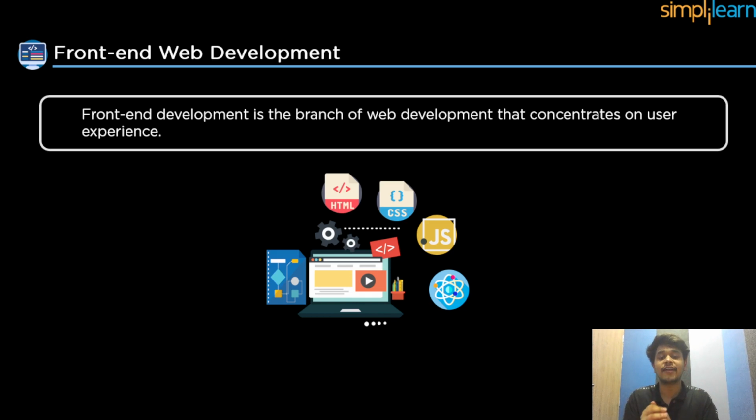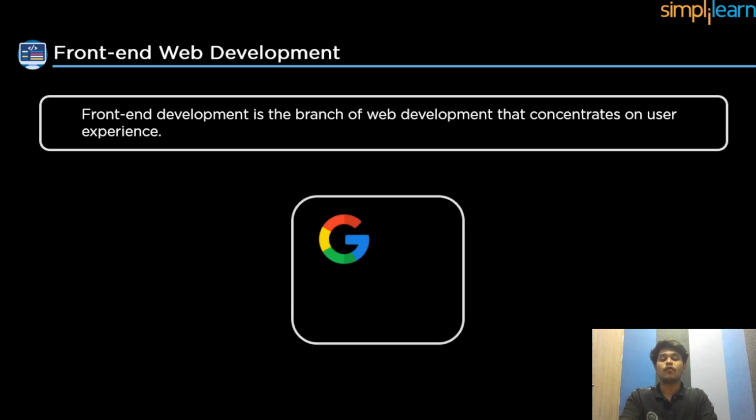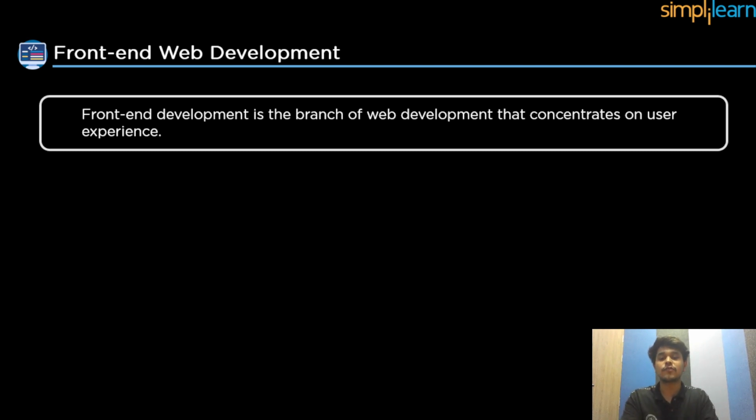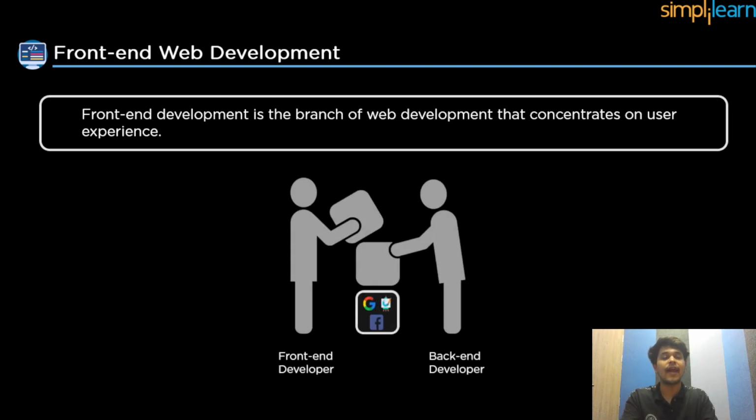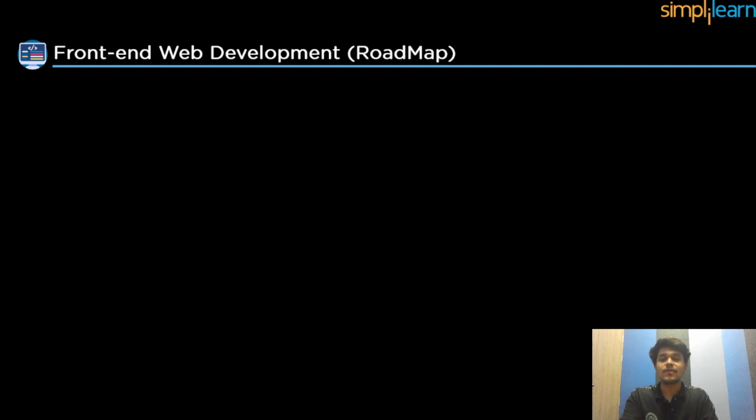But thanks to front-end developers, non-programmers can easily use and comprehend websites and web applications. When you visit Google Apps, Canva, Facebook, and other websites, everything you see is the result of the collaboration between front-end and back-end developers.